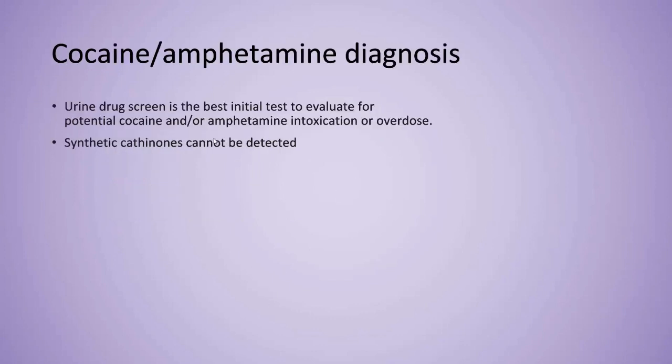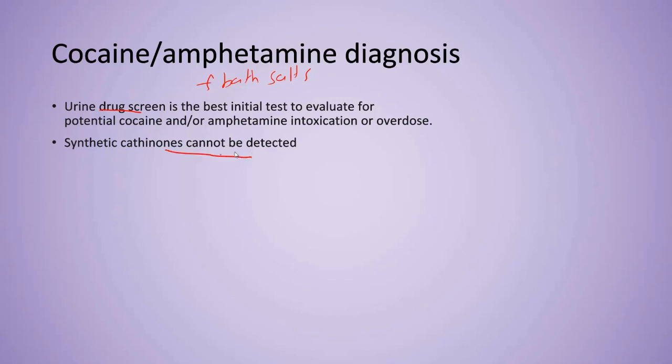The high yield ones, again, cocaine, amphetamine, and bath salts. These three are very important to distinguish. Remember this, urine drug screen is the best initial test for evaluating someone who has potential cocaine or amphetamine intoxication or overdose. Another important thing, synthetic cathinones or your bath salts cannot be detected.